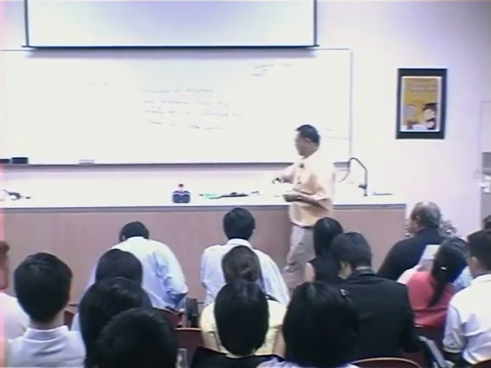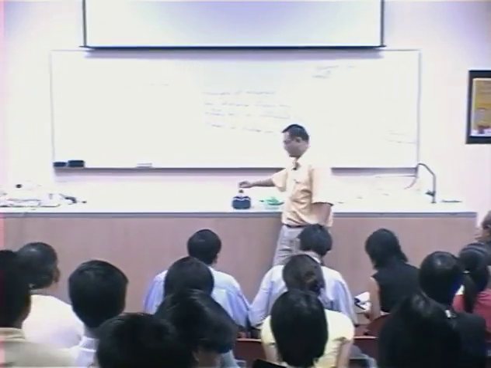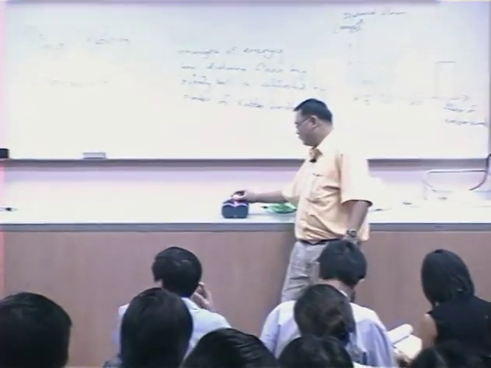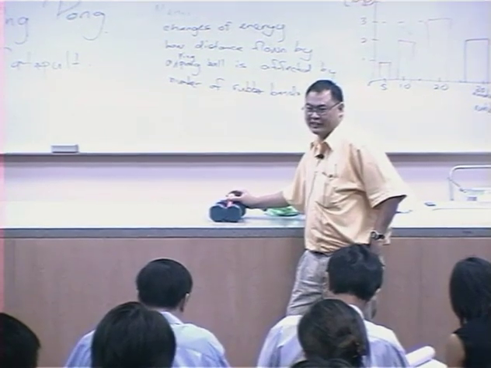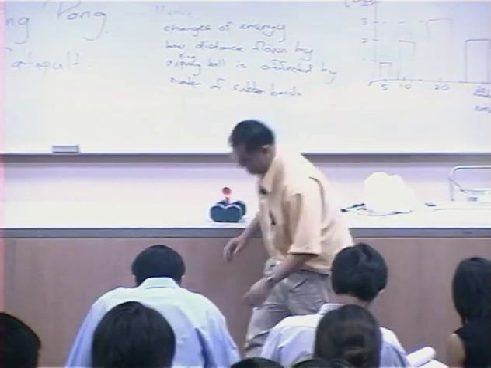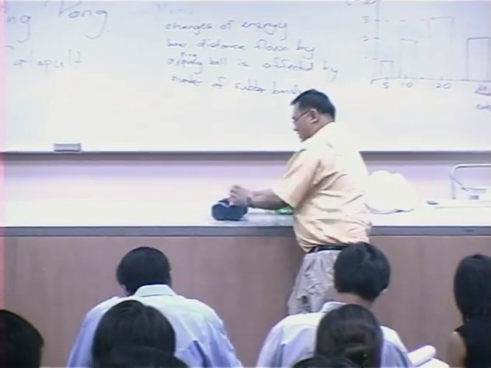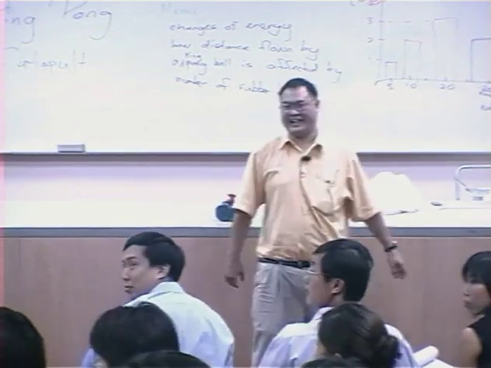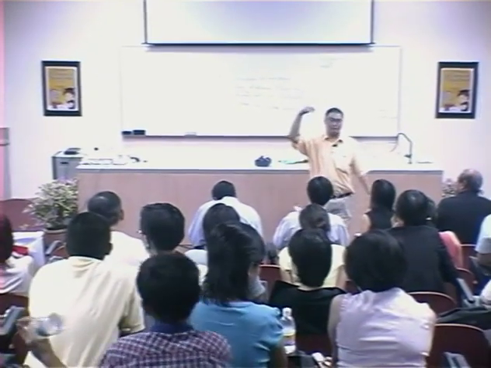To start off with our experiment, we actually have potential energy, elastic potential energy, within the rubber band. And when I release the ping pong ball, it went flying into the audience. And when it was flying, the ping pong ball was actually moving.